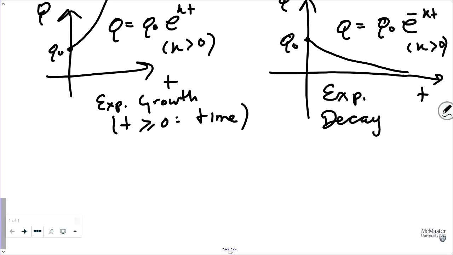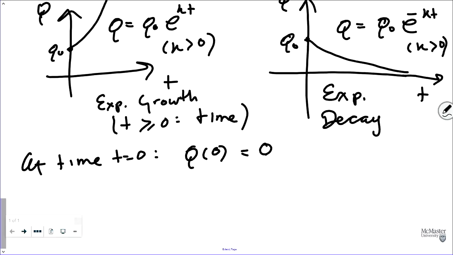The virtue of this analysis is a couple pieces of information, which is that at the time t equal to 0, the initial value of the function would be Q naught times the exponential of k times 0. This is 1 because we have the exponential of 0. So this is Q naught. So this Q naught constant, in the case of this particular function, takes the place of the initial value.